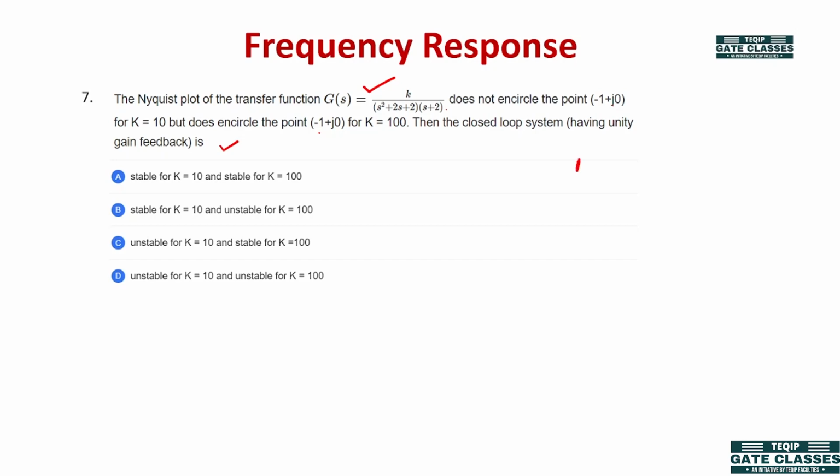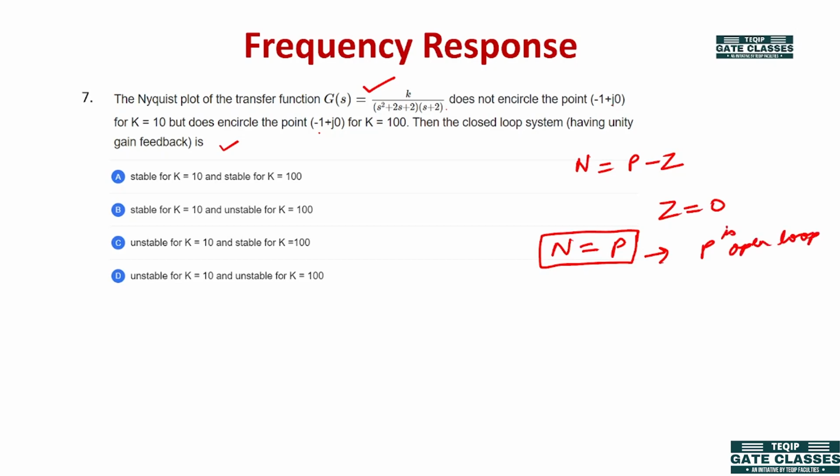So again we know the Nyquist criteria is P minus N is equal to P minus Z, and for a stable system Z must be equal to 0. So ultimately we have the Nyquist criteria N is equal to P, where P is the open loop poles in the right half of the s plane.